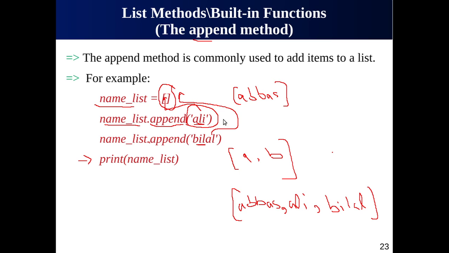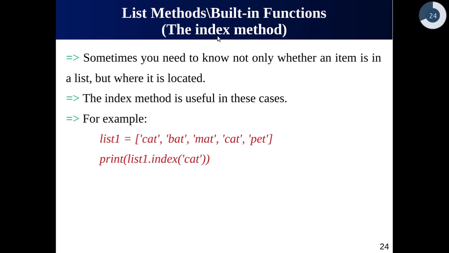Next, a built-in method is the index method, and you are familiar with the word index now. It refers to the position of the element, at which location the elements are stored in the list. The first element is always stored at index number 0.